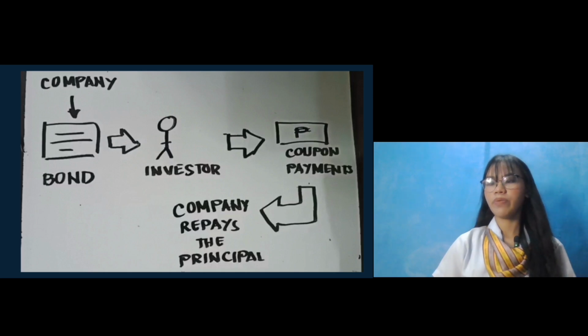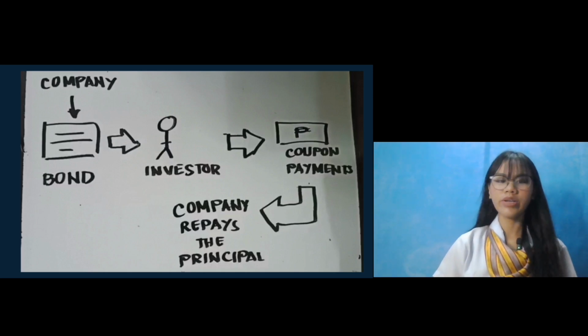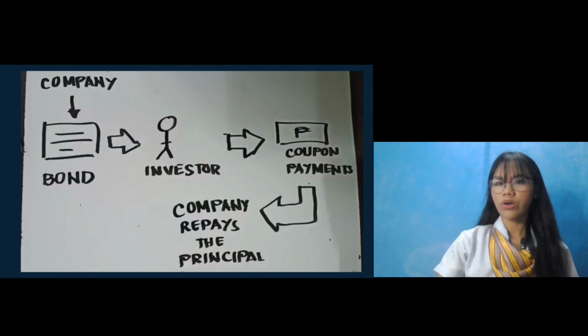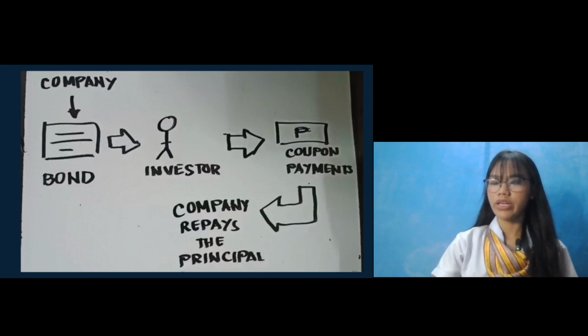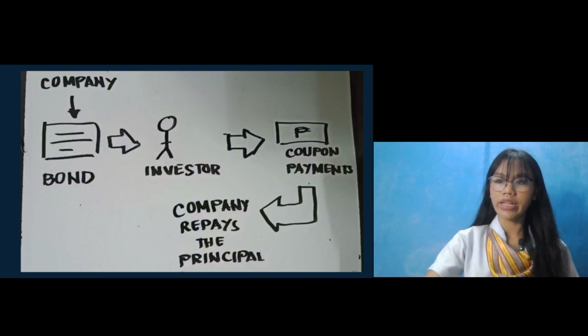Let's say, for example, that the company wants to expand, but there is a problem. The company doesn't have enough money to raise for that project, and of course, the company needs an investor for this. So the company will issue a bond. So that is the bond.